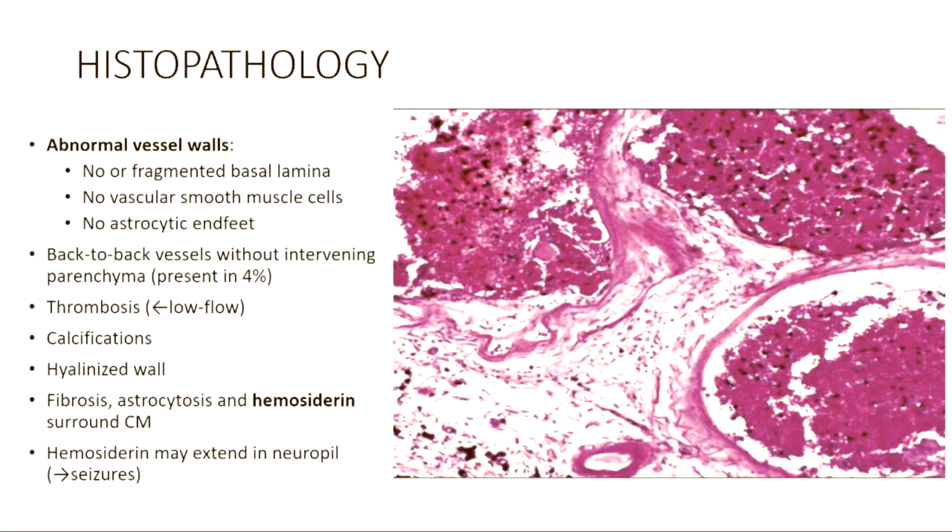There is thrombosis, calcification, ossification of the wall, and most importantly, all around the malformation, there are fibrosis, astrocytosis, and hemosiderin. And hemosiderin, when it goes into the neuropil, accounts for seizures.